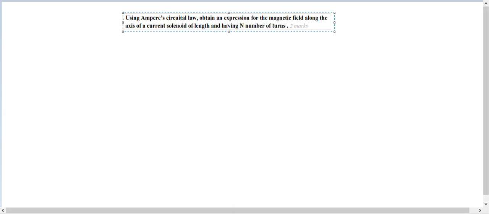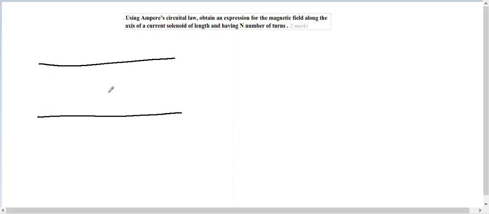So let us make our diagram and apply Ampere's circuital law to this. Here is just a part of the solenoid. The magnetic field lines are coming out at one end, which is represented by a dot, and at the other end they are going inside, represented by a cross.